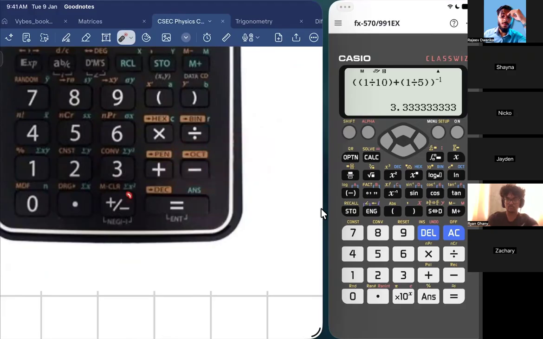You actually have to press this one. The Sharp calculator is so stupid. Ryan, you're probably so happy you don't have a Sharp. All of that craziness you had to do with brackets. So try it again, Jaden. Instead of pressing this negative, press this negative.